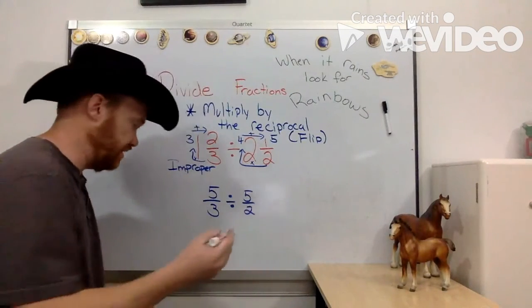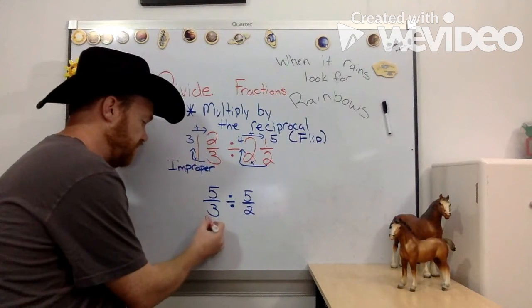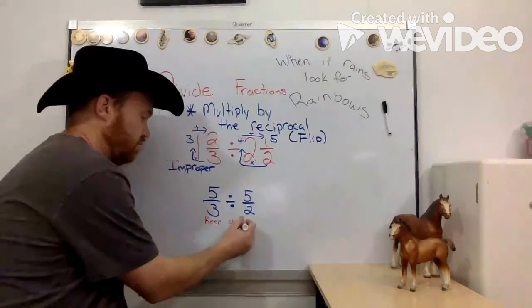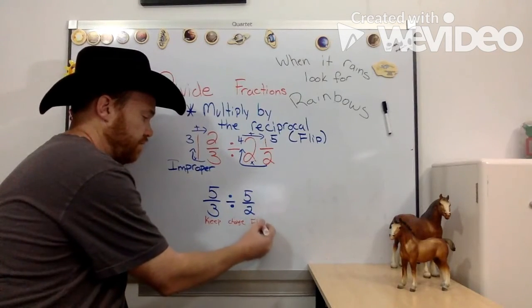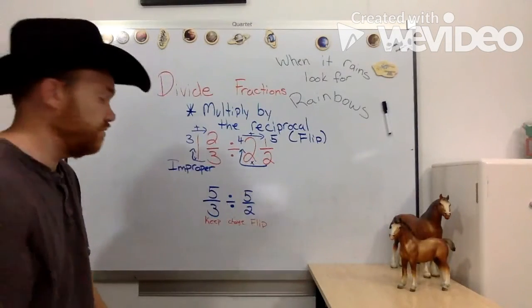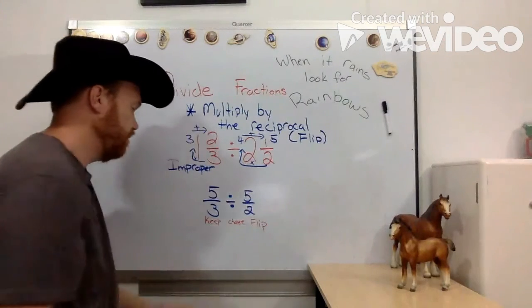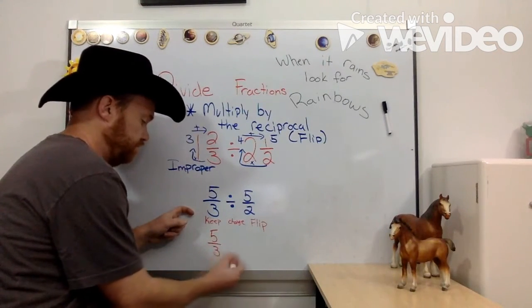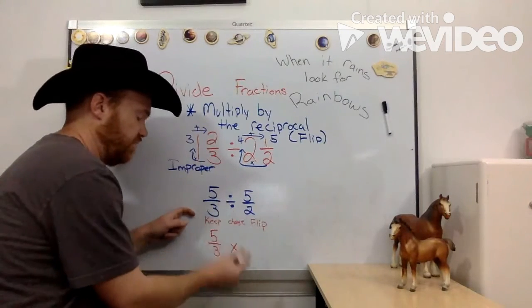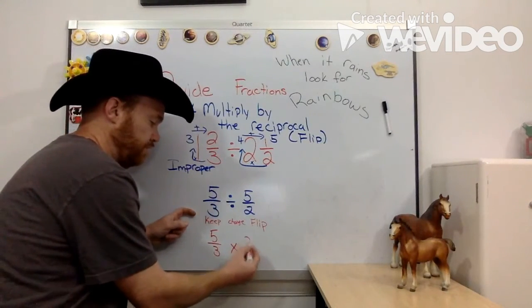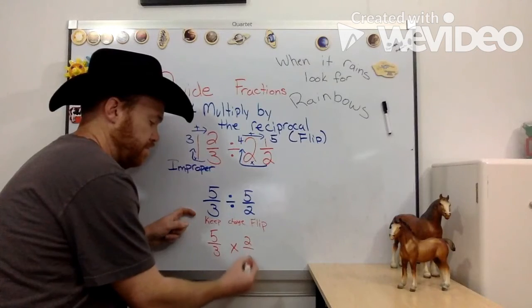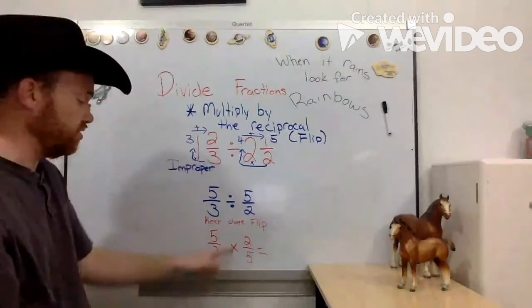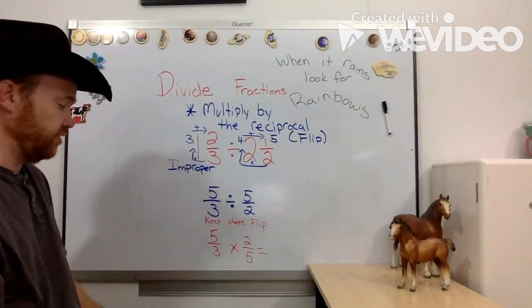Keep, change, flip. I keep my 5/3. I change my division to multiplication. And I flip my last one. So now I have 2/5 instead of 5/2.